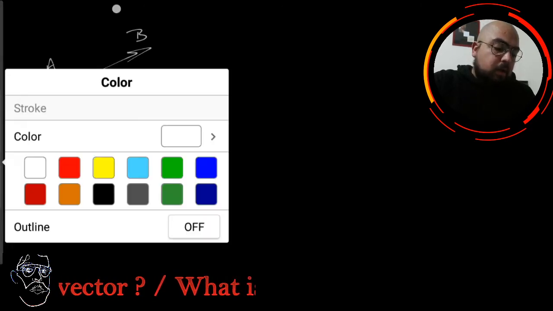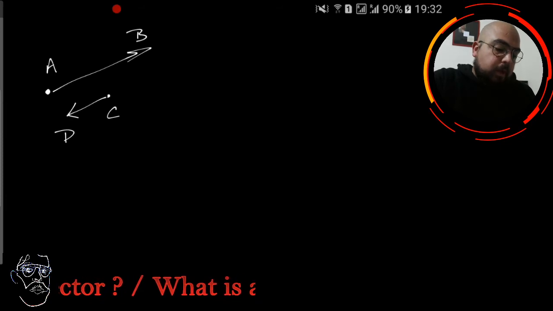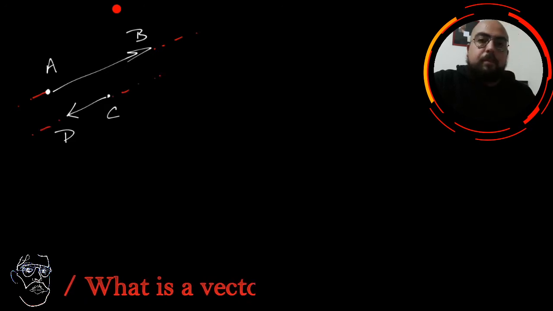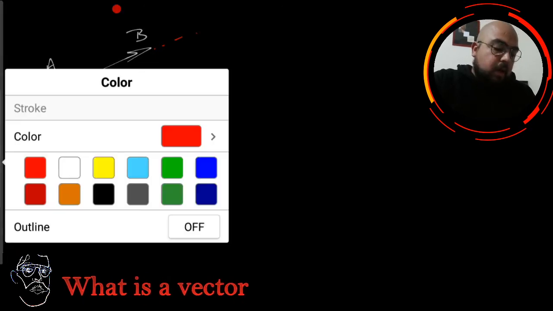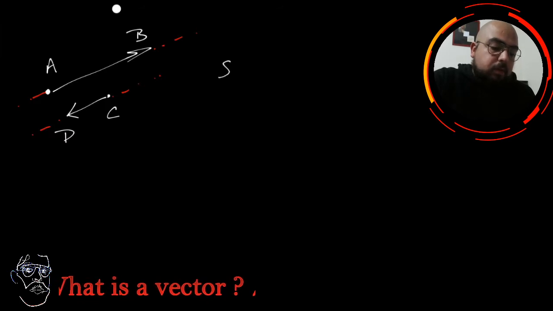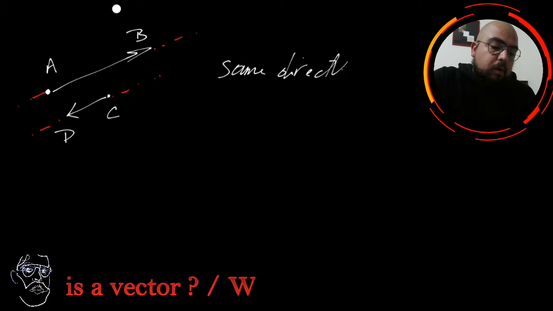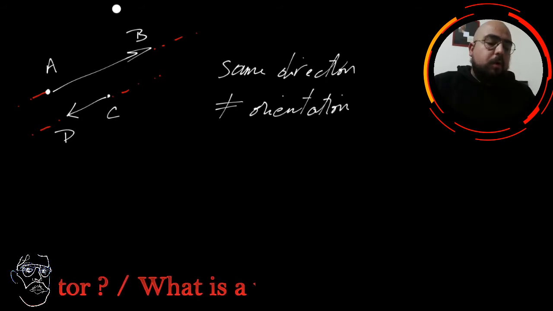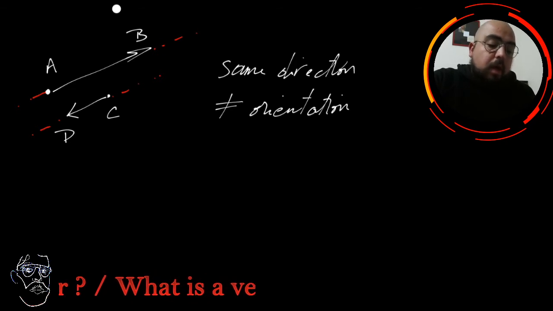Whenever they are parallel, AB lies on this line, let's say, and CD lies on a line which is parallel. So I can say that they have same direction, they have different orientation, they are not opposite. In order to have opposite, we're going to talk about it, we should have the same magnitude. And in this case, it's also different magnitude.